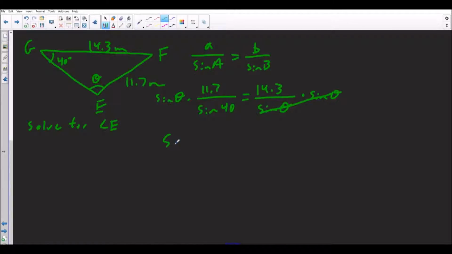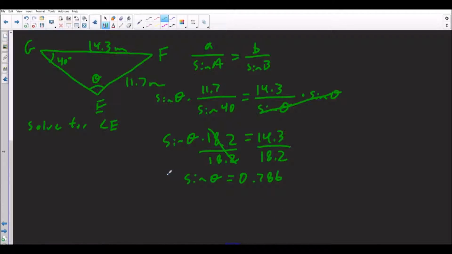If you take 11.7 and divide it by sine of 40 in your calculator, you'll get 18.2. So sine theta times 18.2 is equal to 14.3. We divide by 18.2, so sine of theta is equal to 0.786.